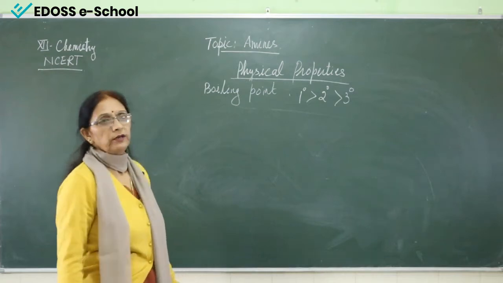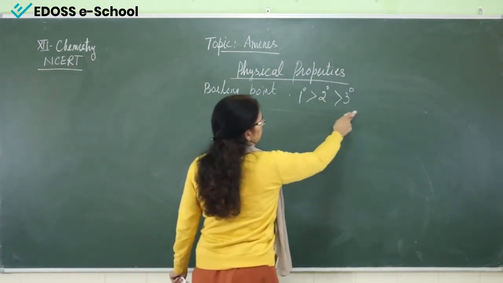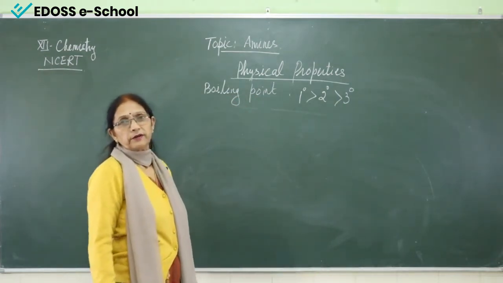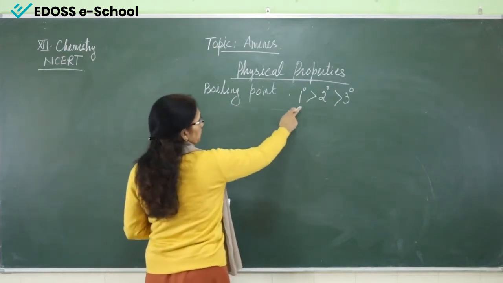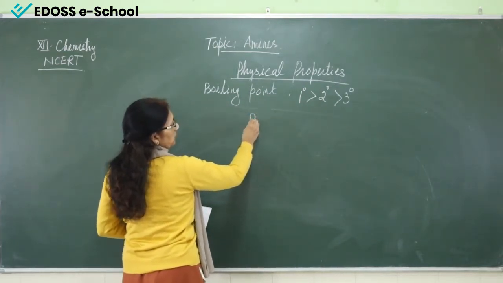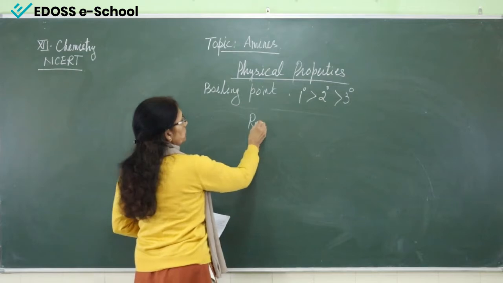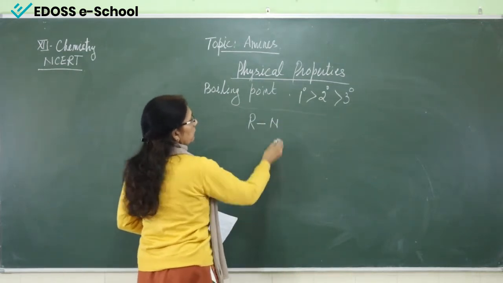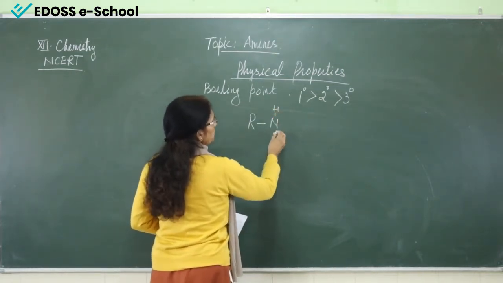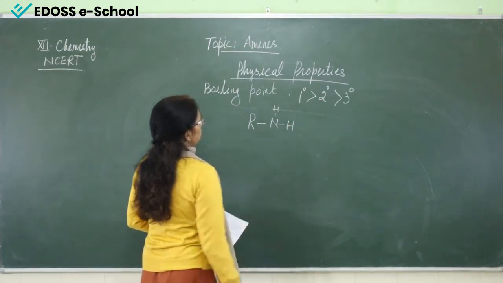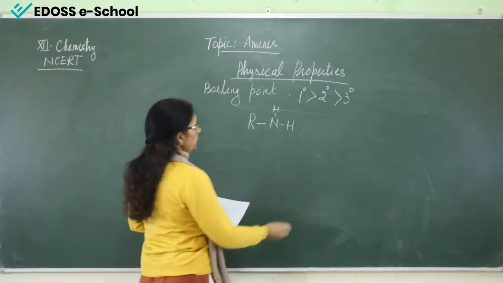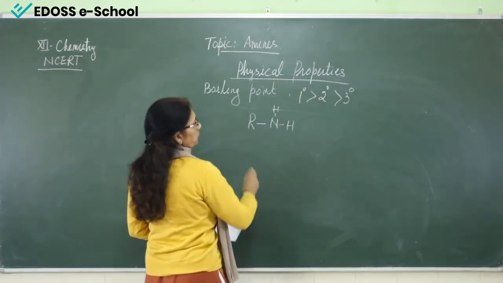Remember it, this is the trend. Now why is it happening? This is a primary amine. This is the alkyl group. This is one H and this is another H. And now why does it have a higher boiling point?